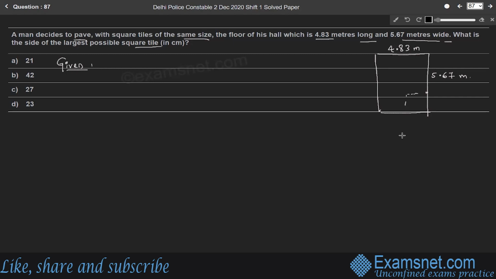So length of the hall to be paved is equal to 4.83 meters and width, or breadth, is equal to 5.67 meters.